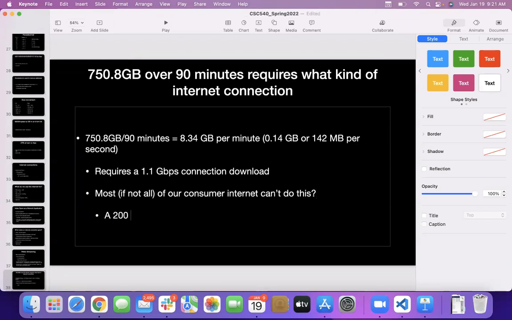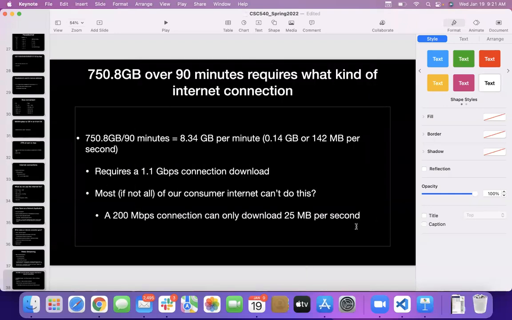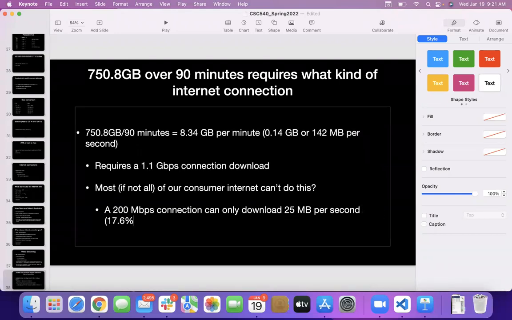A 200 megabit per second connection can only download 25 megabytes per second. 25 divided by 142, so we're only at 17.6% of what we need for a raw HD video.